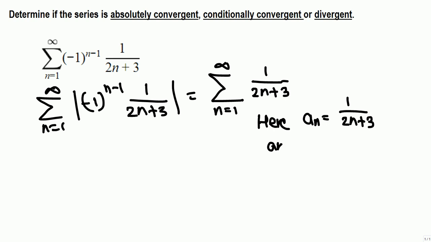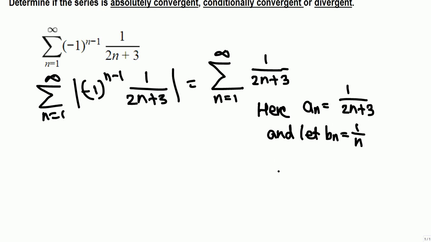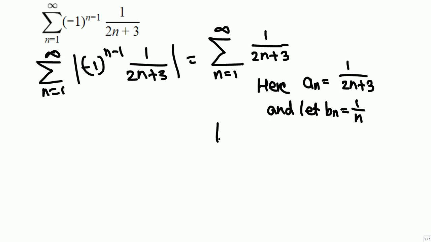And take bn: the leading term on the top over the leading term on the bottom, 1 over 2n, or we can just go for 1 over n. Let's take the limit of an over bn as n goes to infinity, using the limit comparison test.